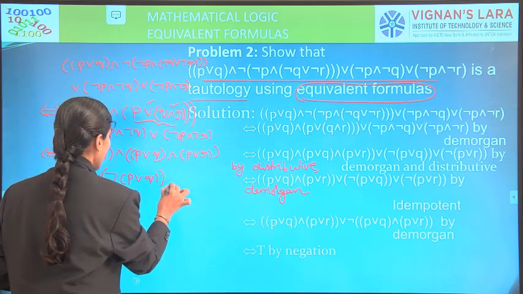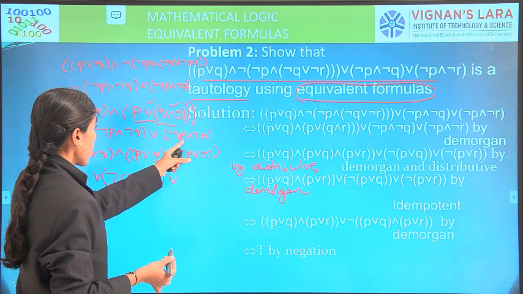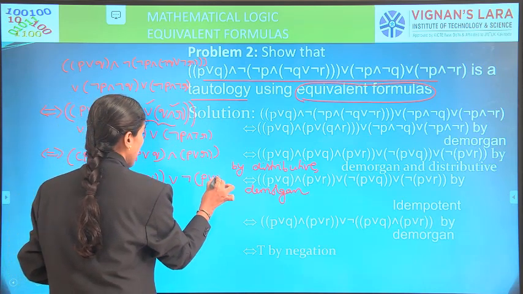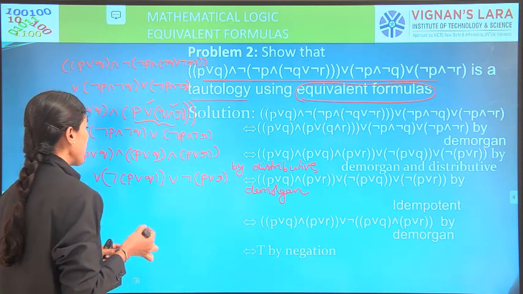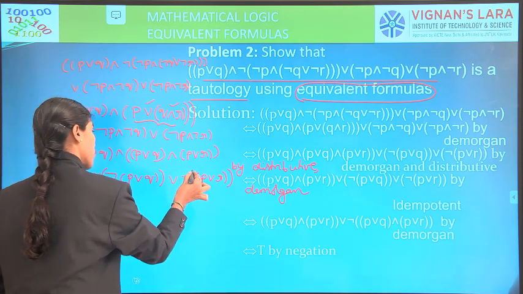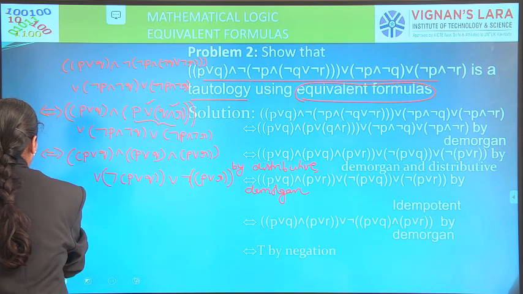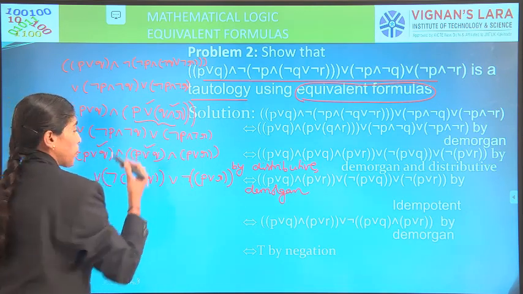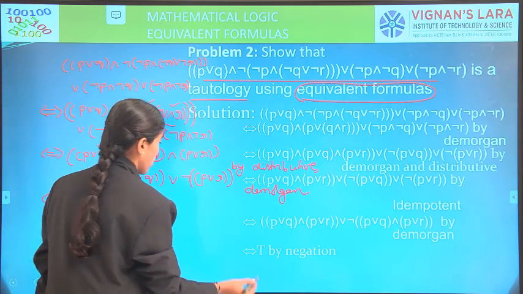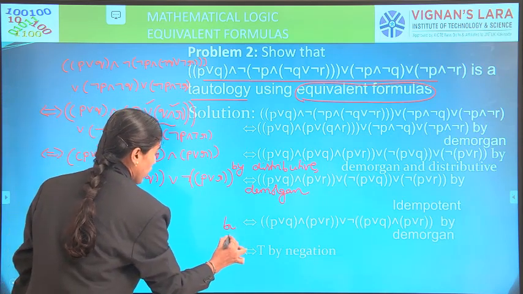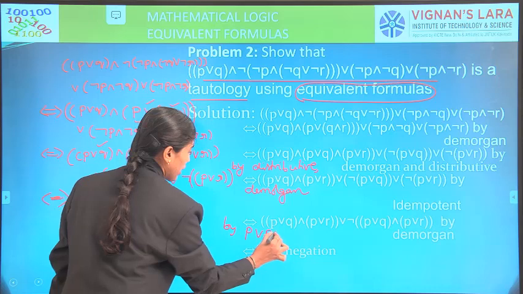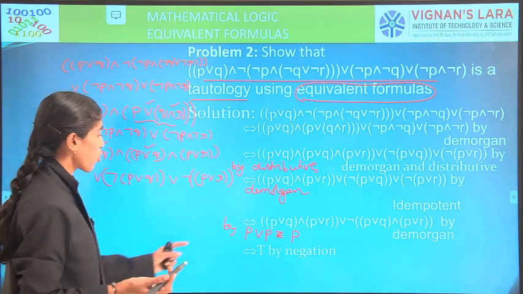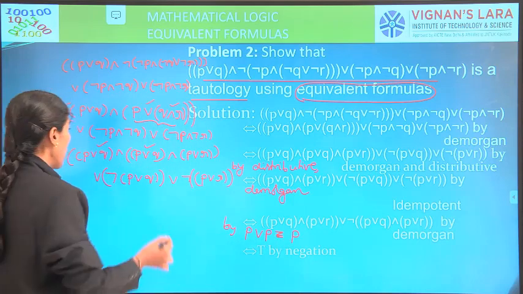Next, write this negation of P and negation R, again taking negation outside. It becomes negation of PRR. Right? So, if you observe here, PRQ is repeated two times. What is the formula of PRP? If one variable is repeated twice or thrice or four times, we write only a single time.